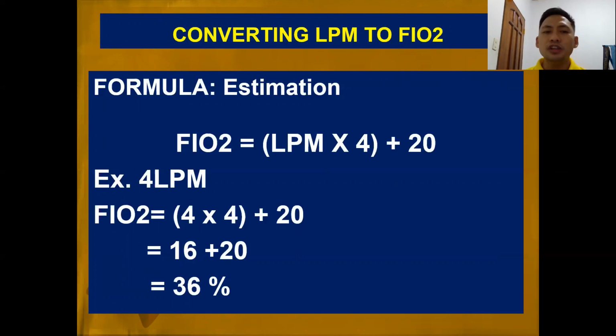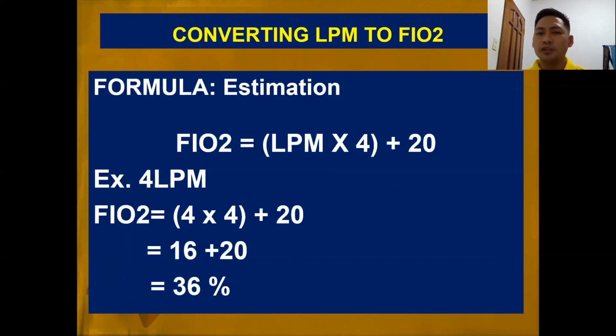So how do we compute liters per minute into the equivalent fraction of inspired oxygen? This is just an estimation. So FiO2 or the percentage is equal to liters per minute ordered by the physician times 4 plus 20.